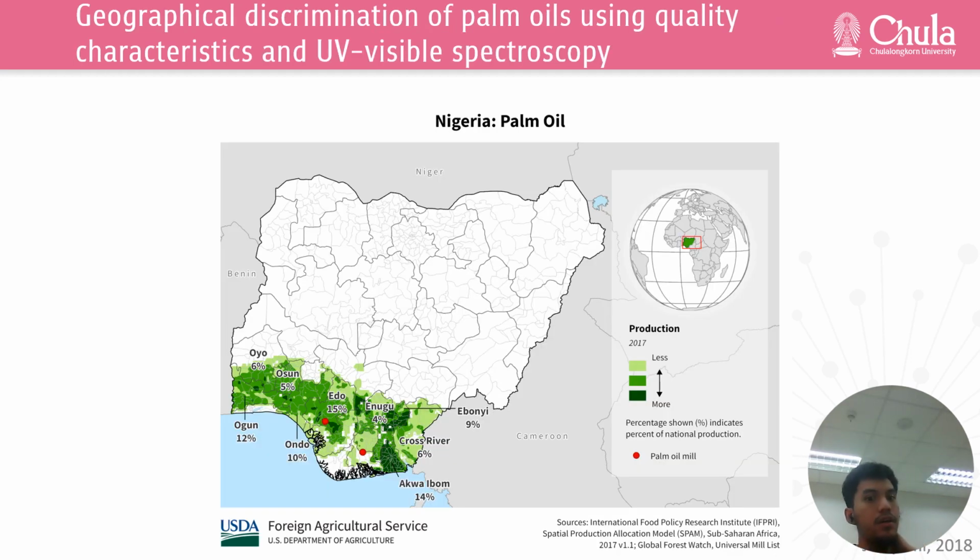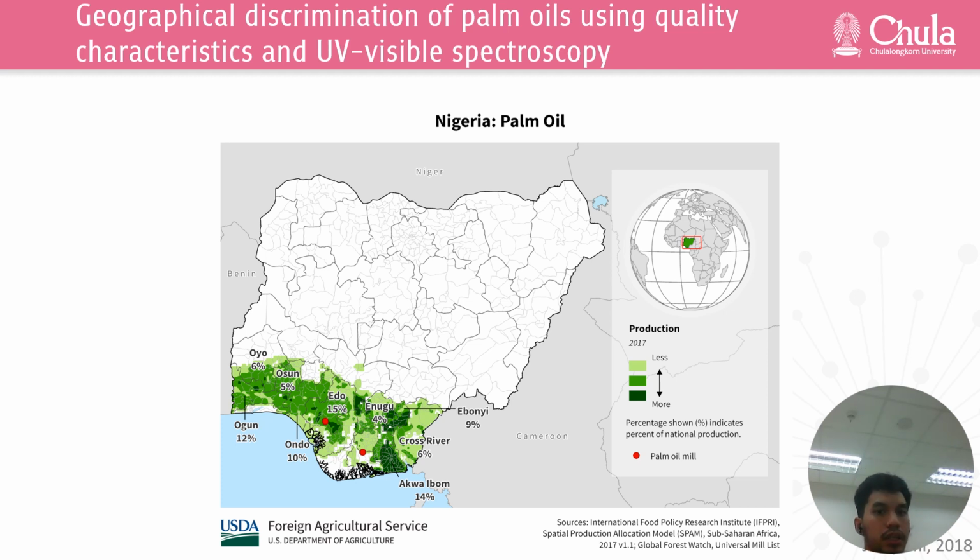Next up is a study from Nigeria. They are using samples from a more specific region, from one state in Nigeria, which is Ondo state, but they divided it into three regions: north, south, and central.